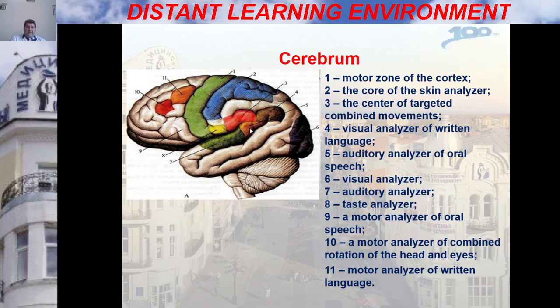So number 9, number 11, number 4 and number 5, all these 4 centers belong to second signal system, verbal system. And you know all these systems are write system, read system, to understanding speech, to understanding written speech, written text, and also oral speech and hearing.